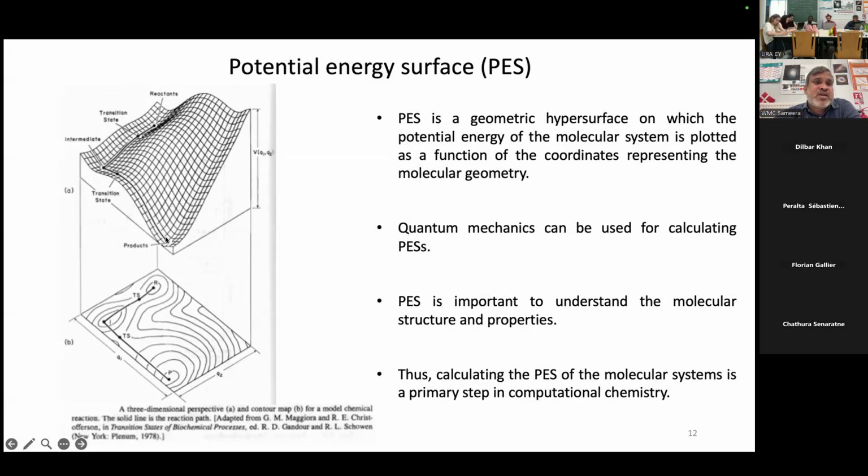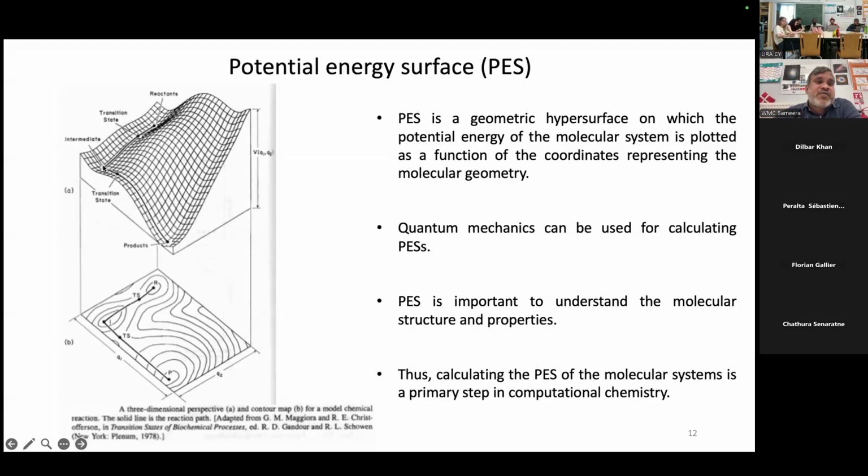These valleys are stable molecular structures or conformations. And if you're working on a reaction, for instance, you start with a reactant maybe in this valley, and then it can move to a different valley. But when you go from one valley to another, there is a barrier, and the peak point of this barrier is called the transition state.